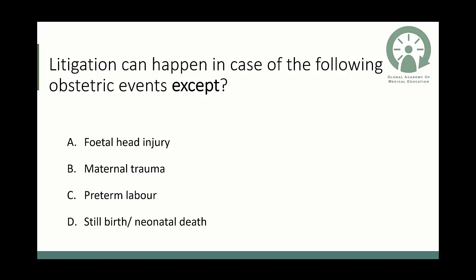So coming to another question, this is very important nowadays, all those litigations and problems and how to defend yourself. So what are the obstetric events that can promote litigation?